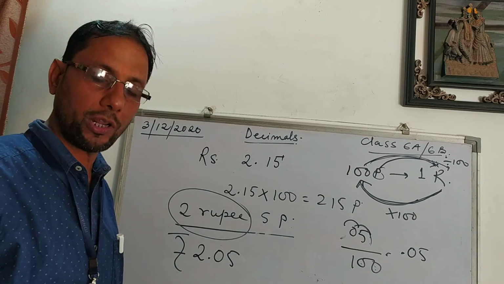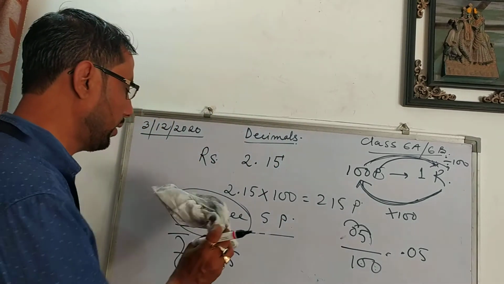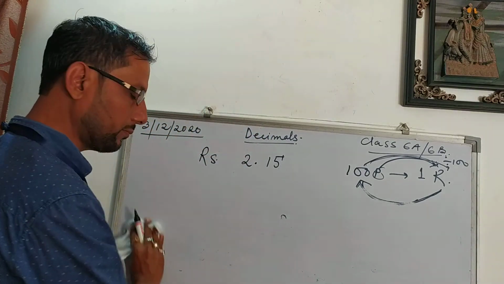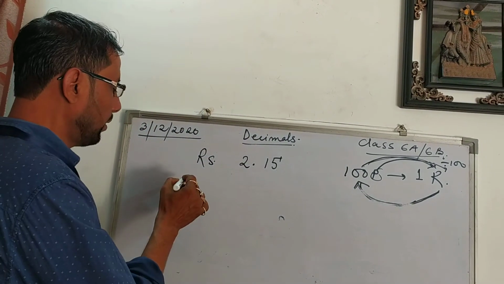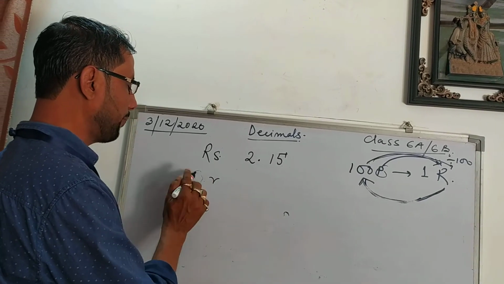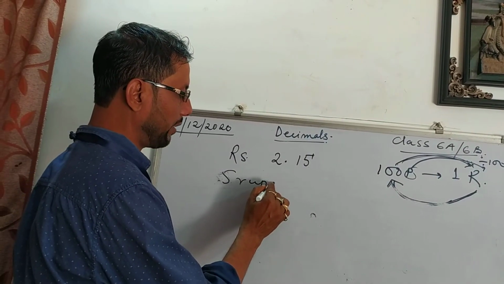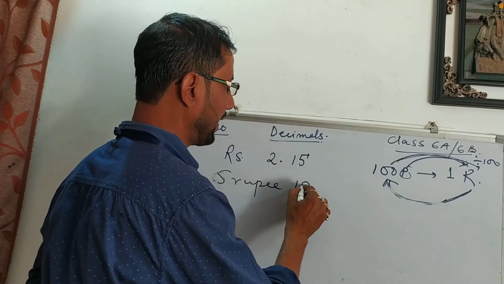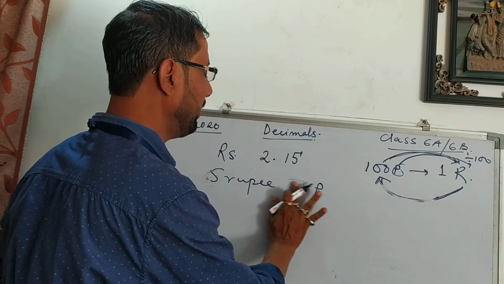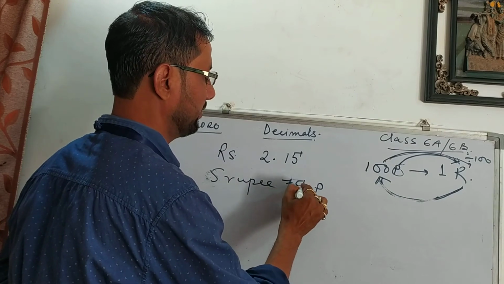Let me give you one more example to make it clearer. Suppose 5 rupees 75 paisa.